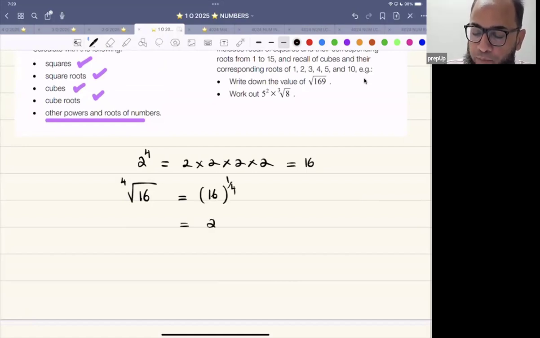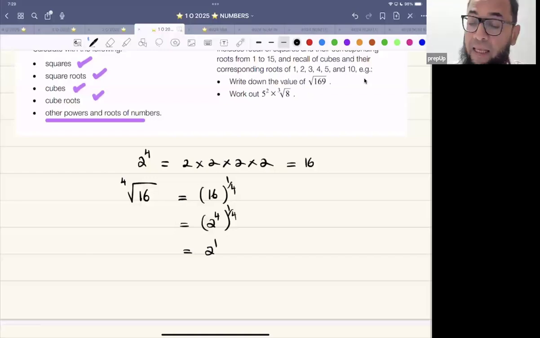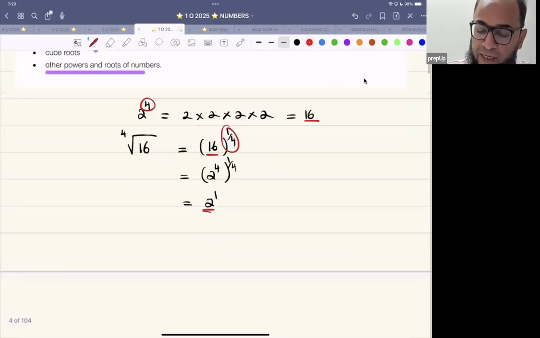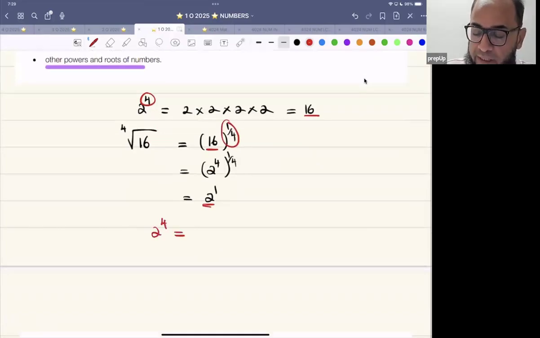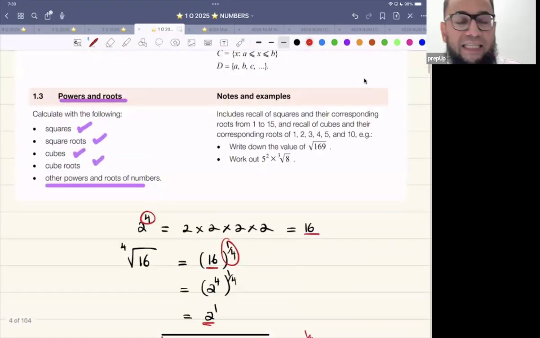That is 2 raised to power of 4, raised to power of 1/4, which is 2 raised to power of 1, which makes sense. 2 raised to power of 4 is 16. Therefore, 16 raised to power of the reciprocal is 2. So this is a bit of the indices that I talked about.